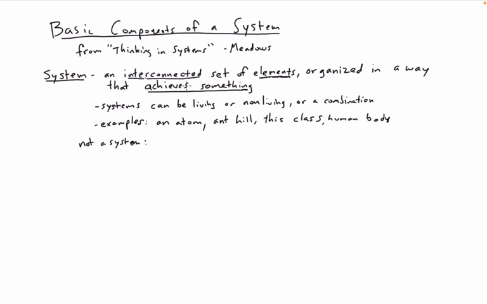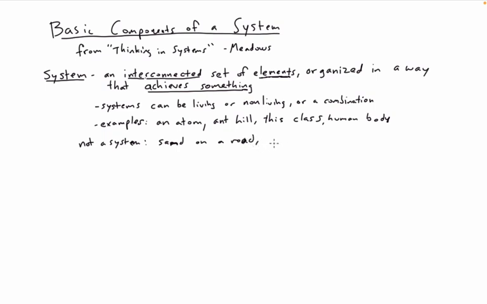So maybe the sand achieves the loss of traction of a car driving through. But it's not really organized in a way that achieves something. So maybe let's put this down: sand on a road.